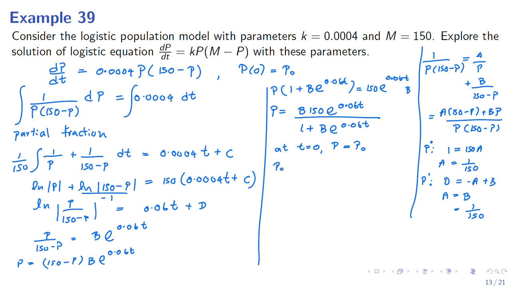So p naught equals beta 150, e to the 0 is 1, so 1 plus beta.